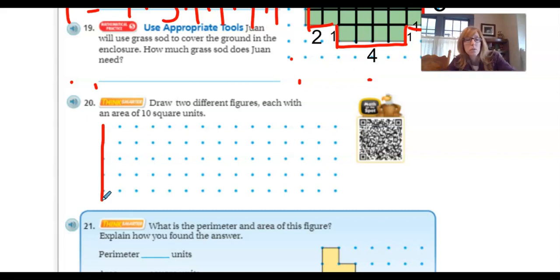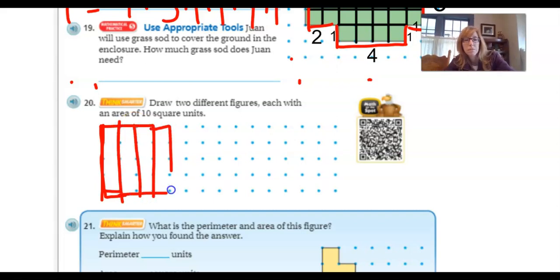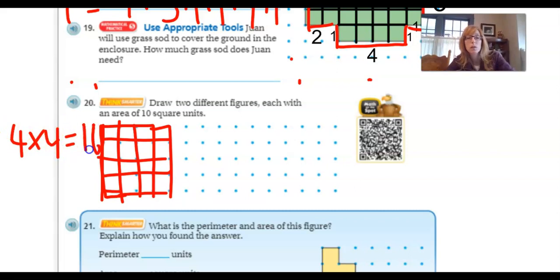So it goes 1, 2, 3, 4. So we know that would be 1, 2, 3, 4 and 1, 2, 3, 4. So we know 4 times 4 equals 16. So, oh my gosh, that's too many. We can only have 10.